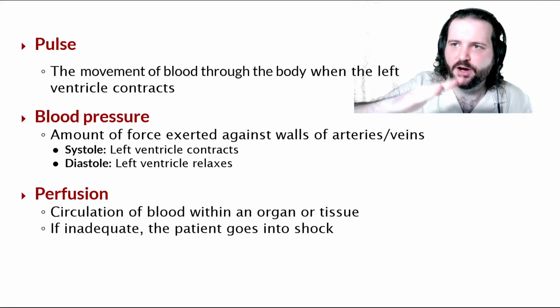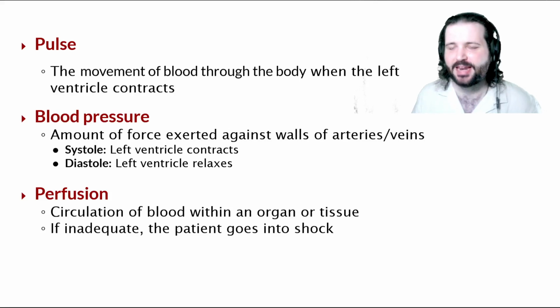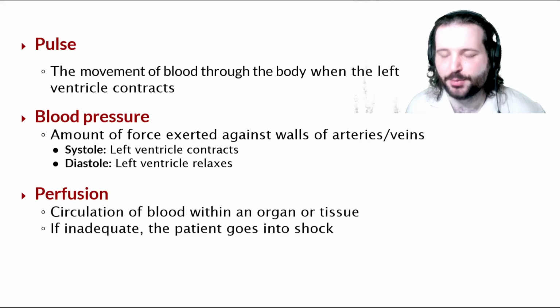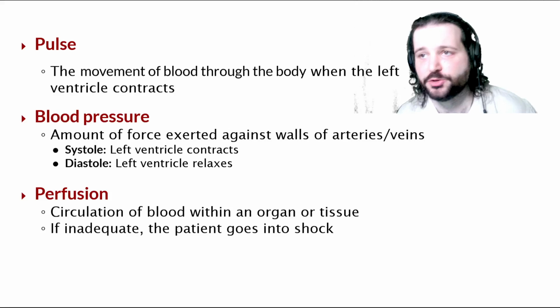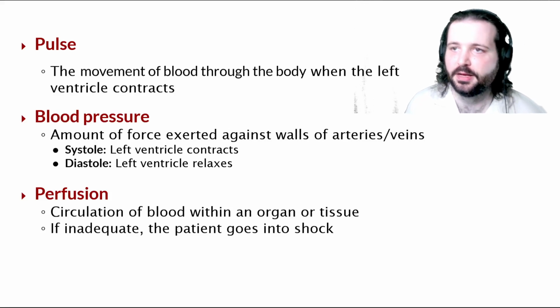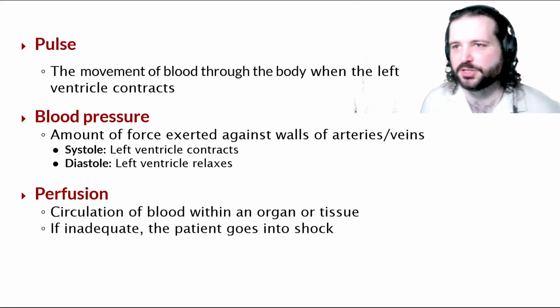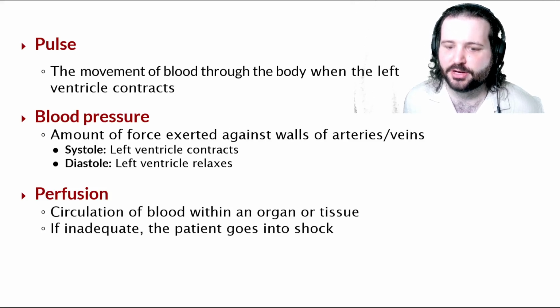And the numbers on the dial that bounce up and down when you look at it, that's what gives you the actual blood pressure number. And we have 2 numbers for it. So if you've ever heard your blood pressure talked about, it's like 120/80. The higher number is on top, always, and the lower number on the bottom. And we call those numbers the systolic blood pressure and the diastolic blood pressure, or systole and diastole.